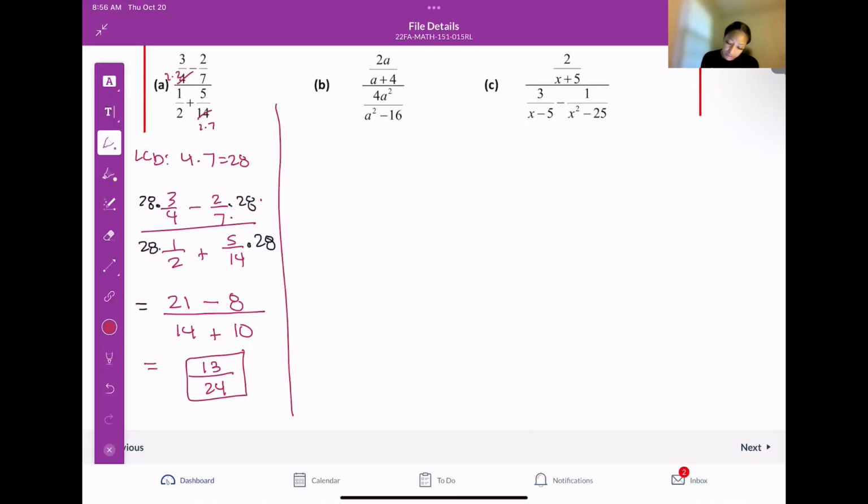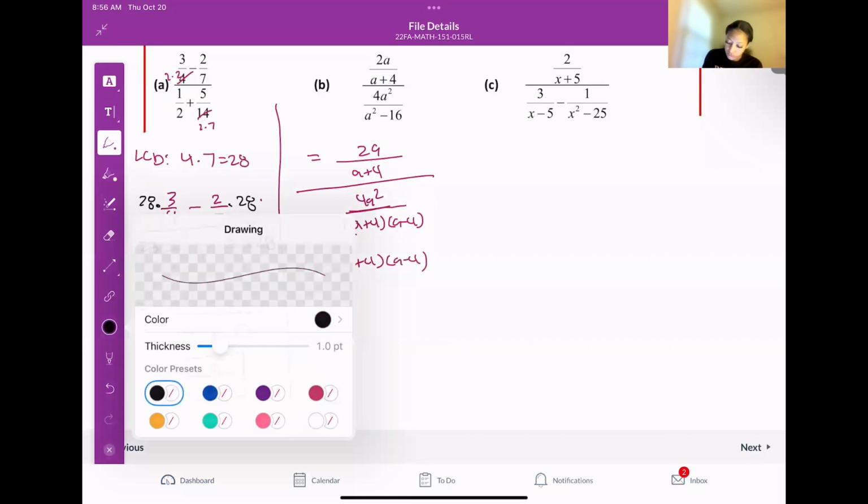2a over a plus 4 over 4a squared over a squared minus 16. A squared minus 16 is a plus 4 times a minus 4. So the LCD for this one would be the a plus 4 times a minus 4. That has all of the factors we need.